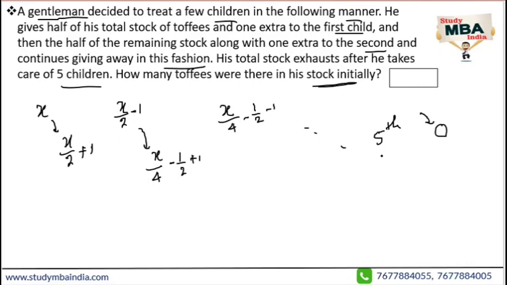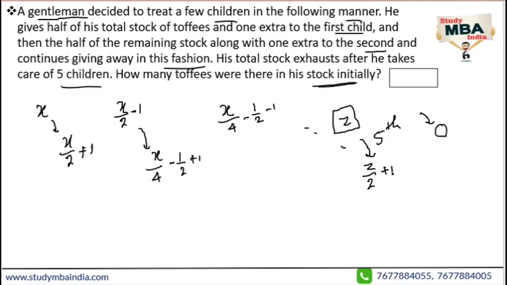Suppose, for example, that before giving to the last kid he had z chocolates. What he gave to the fifth child is z/2 plus 1, and he is left with zero chocolates.